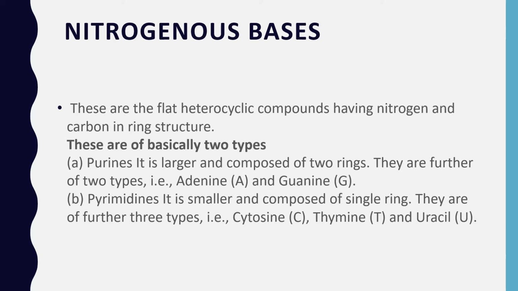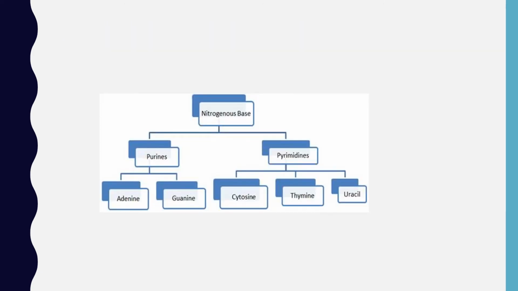Purine further is of two types, A and G, that is adenine and guanine. And pyrimidines are further of three types: cytosine, thymine, and uracil. Okay, CTU, cytosine, thymine, and uracil. This is a flow chart which is showing all this in a summarized way. Here you can see nitrogenous bases are of two types, purine and pyrimidines.